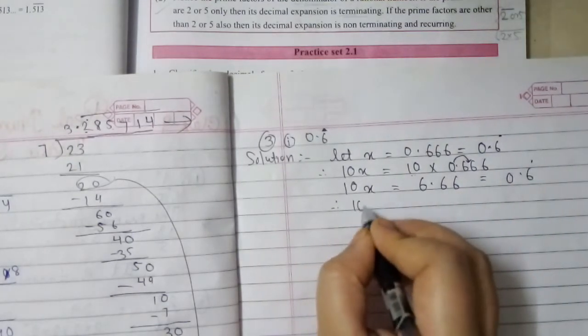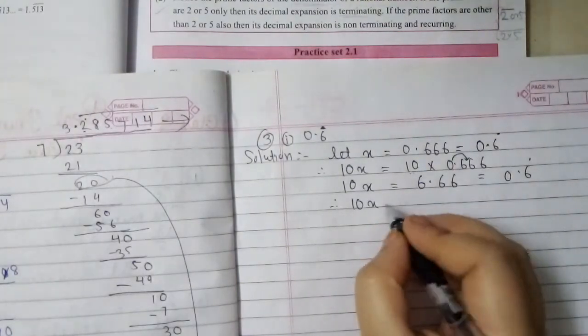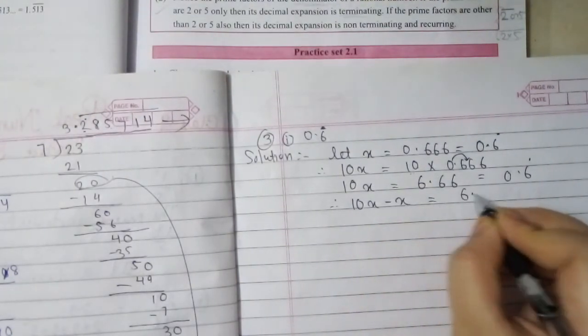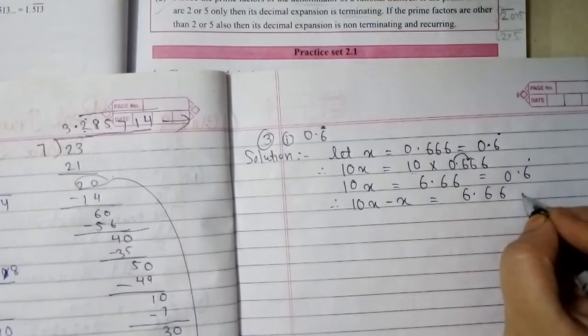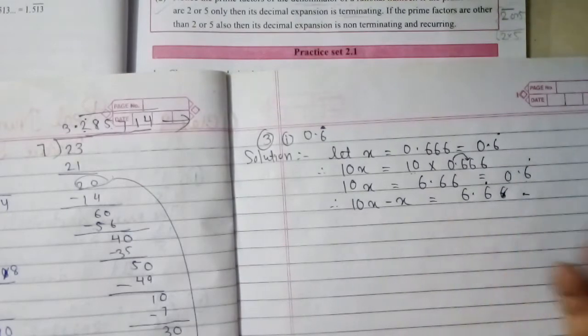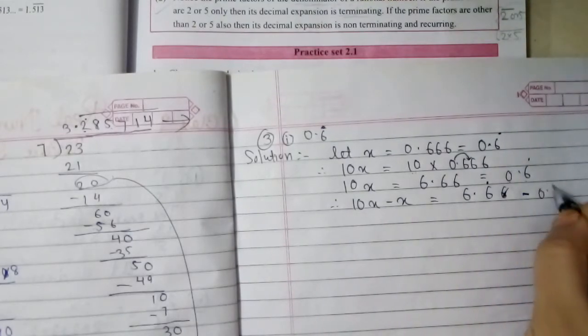Now we subtract: 10x minus x equals 6.6 bar minus 0.6 bar.